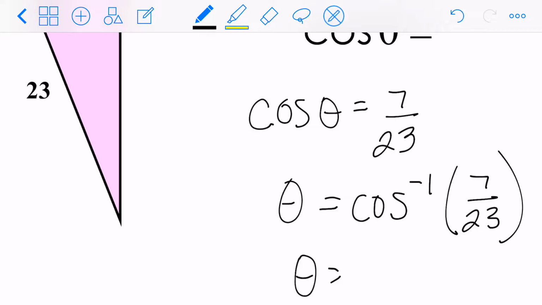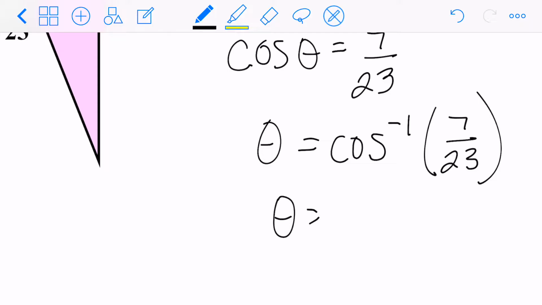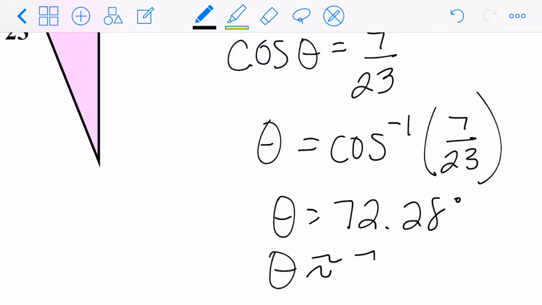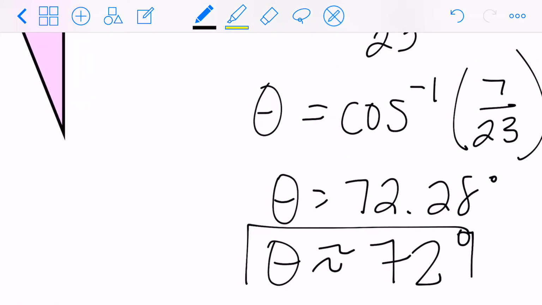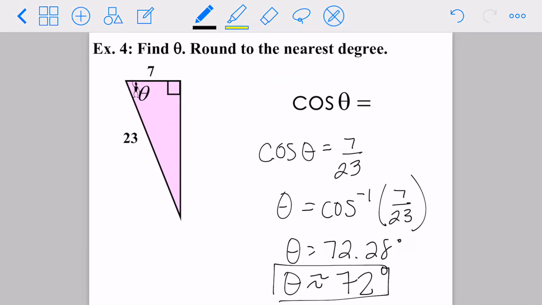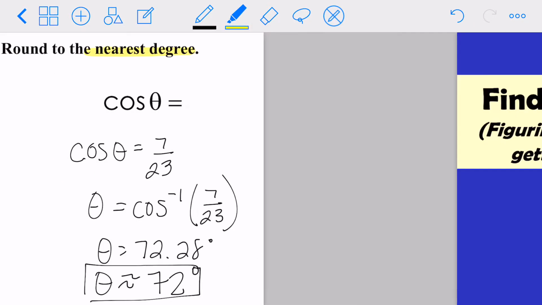I'm going to my calculator to work this out. So I got 72.28, and this said round to the nearest degree. So 72.28 degrees, but then it said to round to the nearest degree, so this would be approximately 72 degrees. So you have to make sure to read your instructions on what it wants you to round to.